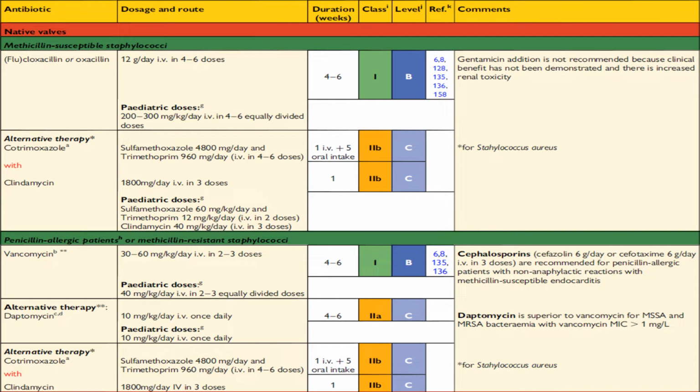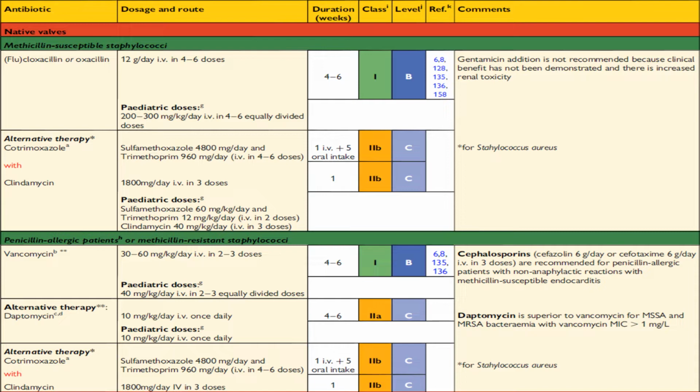Okay, now when we know the culture result that reports the pathogen, you can use specific therapy against it. The first is MSSA for native valves. You can know this pathogen by noticing on the susceptibility report that it is susceptible to oxacillin.